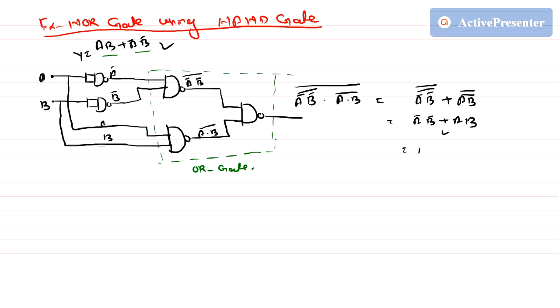I can rearrange it as AB plus A bar B bar. So how many gates are required here? 1, 2, 3, 4, 5. The number of gates required is 5.